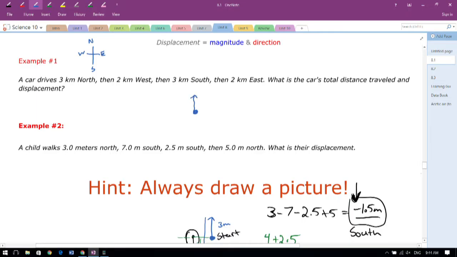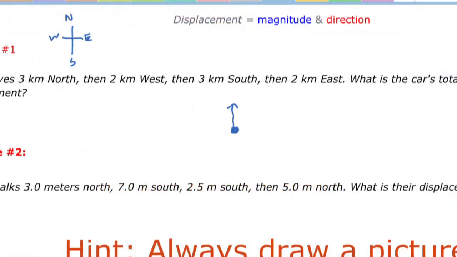And then I'm going to drive 2 kilometers west. 2. I guess I should write in some numbers here. And then I'm going to go 3 kilometers south. And then I'm going to go 2 kilometers east. That's 2.